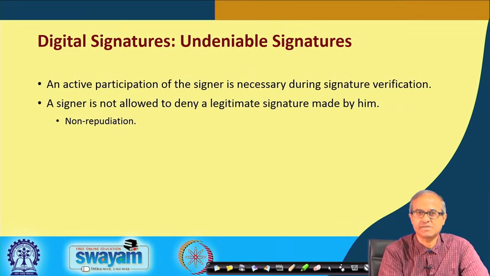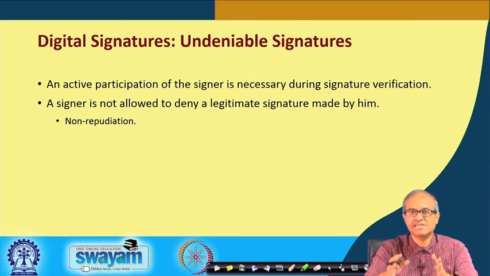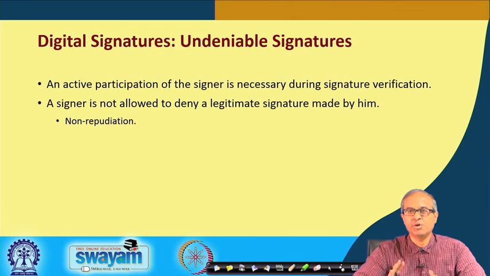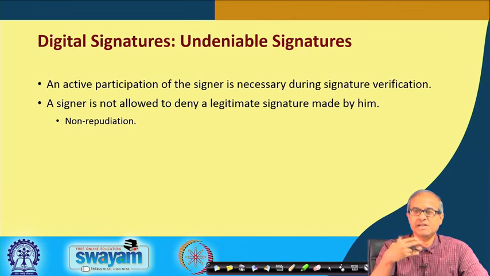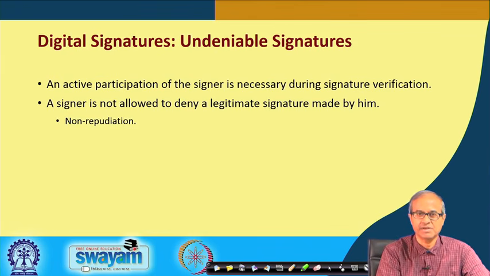But again you can understand this scheme has limited applicability, because I am signing and sending, I am not worried about anything after that. If someone calls me and asks me every time whether this is my signature or not, it will be quite annoying for me, right.